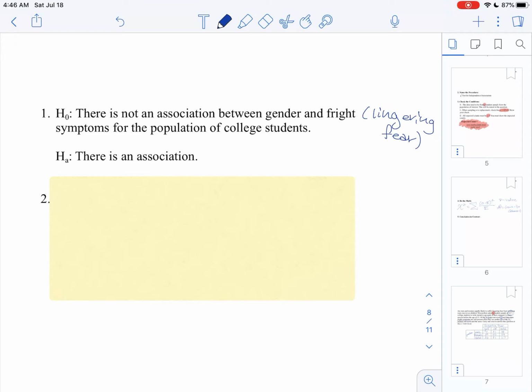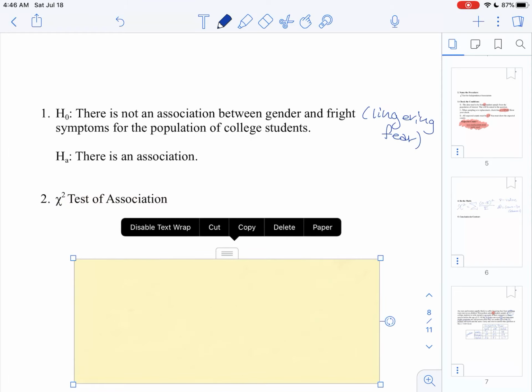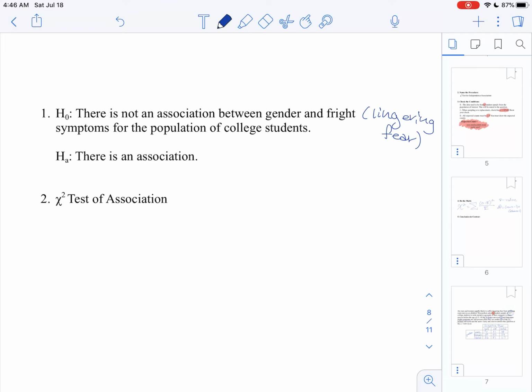And then my alternative, they are not independent, or I could say they are dependent. Since I said association in my wording, although it wasn't in the question that way, so you could really write it either way, I'm going to say this is a chi-square test of association. If I had written it in terms of independence, then I would say it's a chi-square test of independence. But make sure that you don't get those mixed up, which one's the null and which one's the alternative.